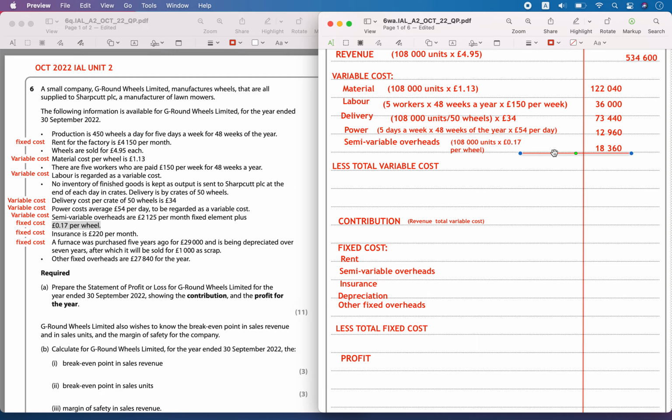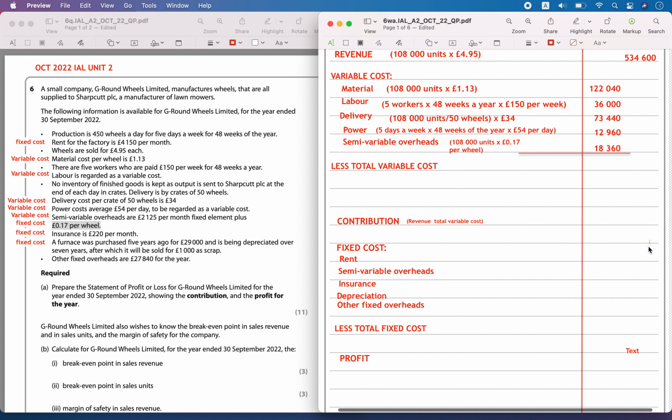So total variable cost is going to be 122,040 plus 36,000 plus 73,440 plus 12,960 plus 18,360, that is 262,800. So that is the total variable cost, 262,800.